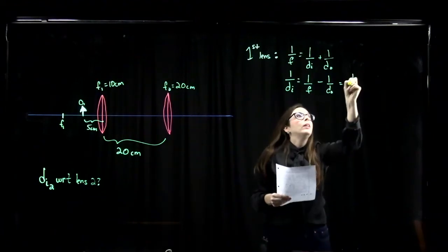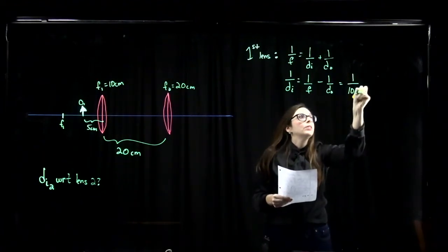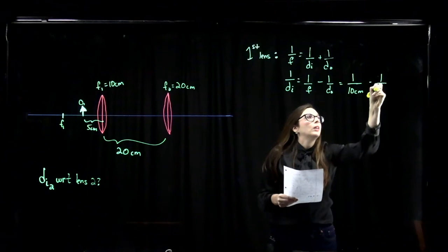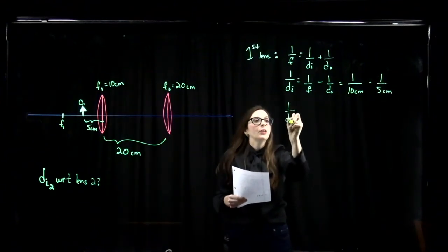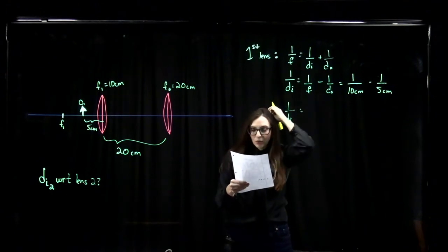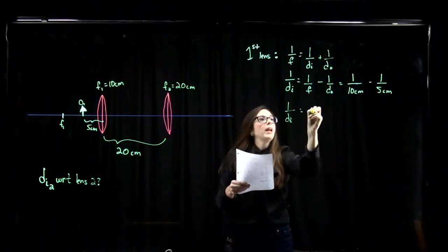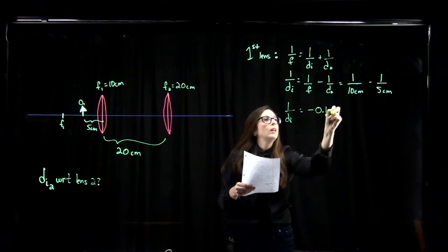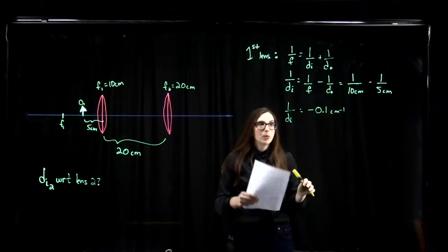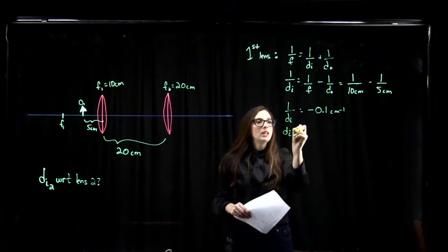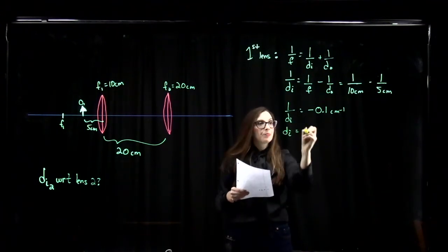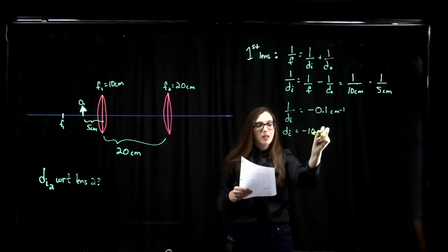That equals 1 over 10 centimeters minus 1 over 5 centimeters. And so that gives us 1 over di is equal to minus 0.1 inverse centimeters. So we take the inverse of both sides to get di. So di is equal to minus 10 centimeters.